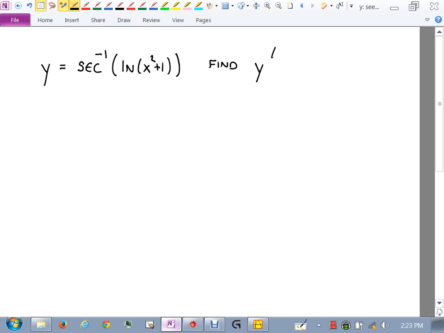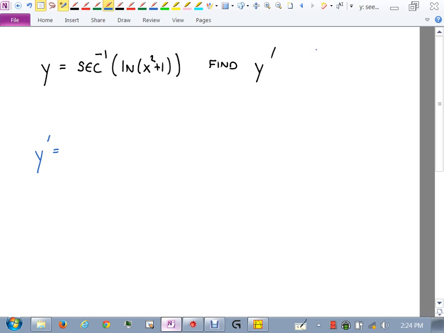So we're going right from the frying pan to the fire. What do you see here? I'm asking for the derivative. What do you see going on here with this function? Chain rule, right? You see inside an x squared plus 1. Outside of that, you see natural log. Outside of that, you see secant inverse. Now, I haven't even talked about secant inverse, have I? But there should be a derivative somewhere for secant inverse. And so this is where you have to refer to your formula sheet.